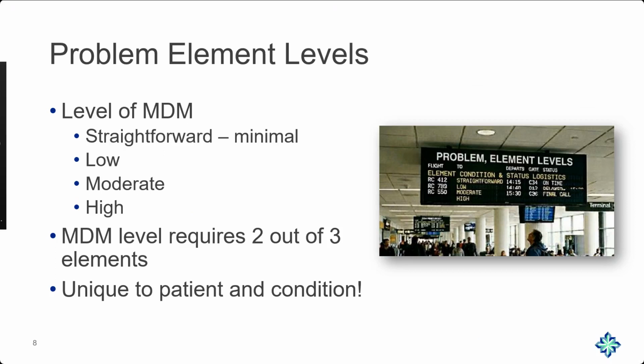In that scenario, you would code at a moderate level of service because you've met 2 out of 3 elements, so majority rules there. And then just keep in mind, it can be unique to each patient and condition, and those comorbidities really do come into play.